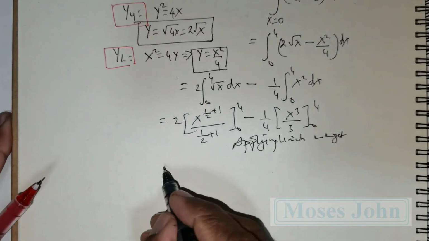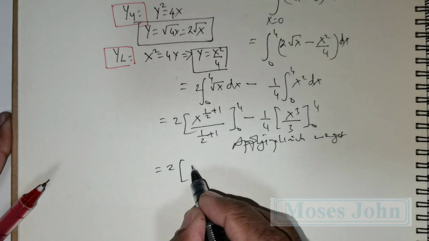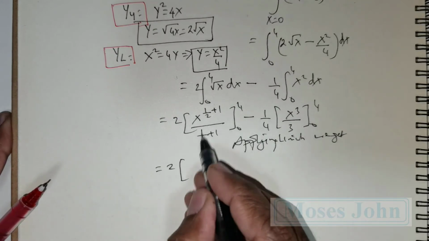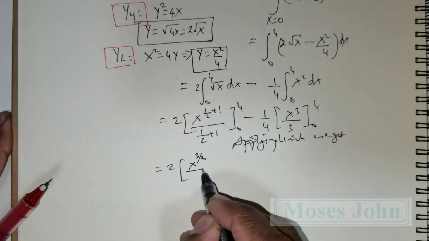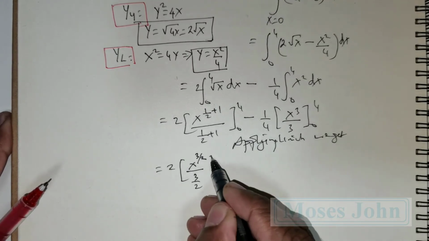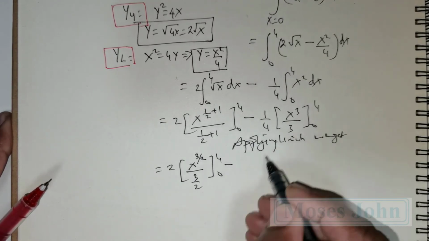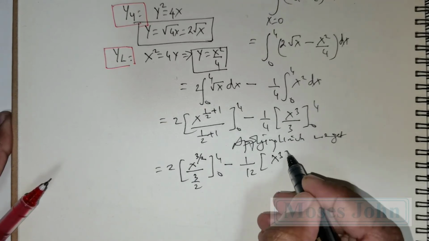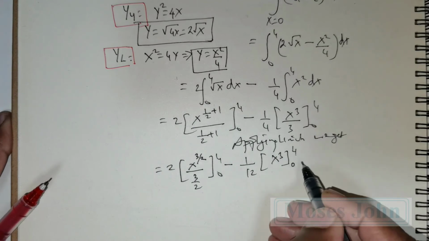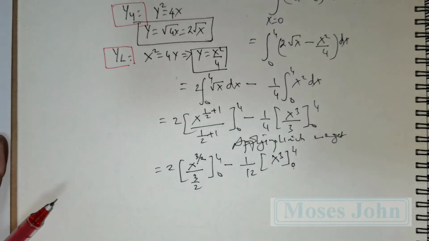2 times. Now let me just simplify it. So this is x raised to the power 3 over 2 divided by 3 over 2, 0 to 4, minus 1 over 4 times 3, which gives you 12, and x to the power 3 with the limits 0 to 4.